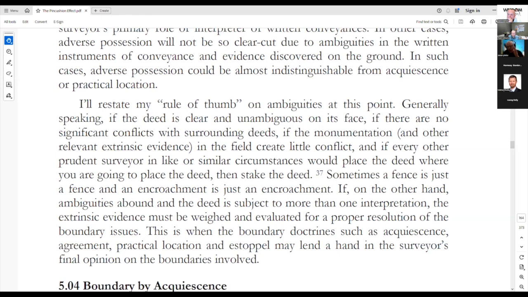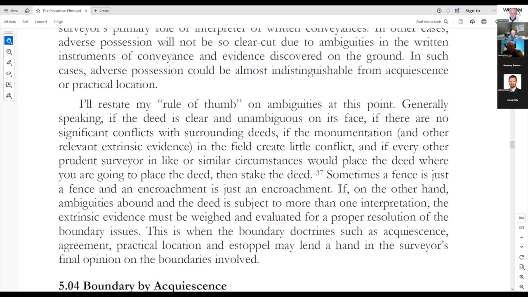You could trace the title and explain why the boundary line was not what was shown on the latest conveyance. And I contrast that with record title with what is adverse possession, acquiescence, estoppel, or some other means where other than record title has changed or modified the ownership lines.